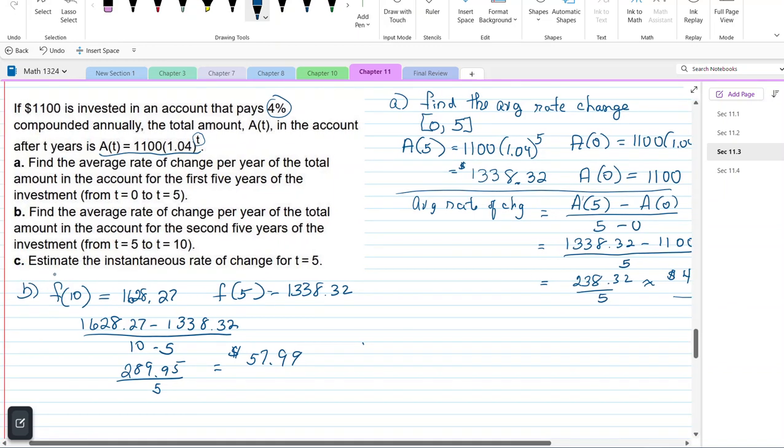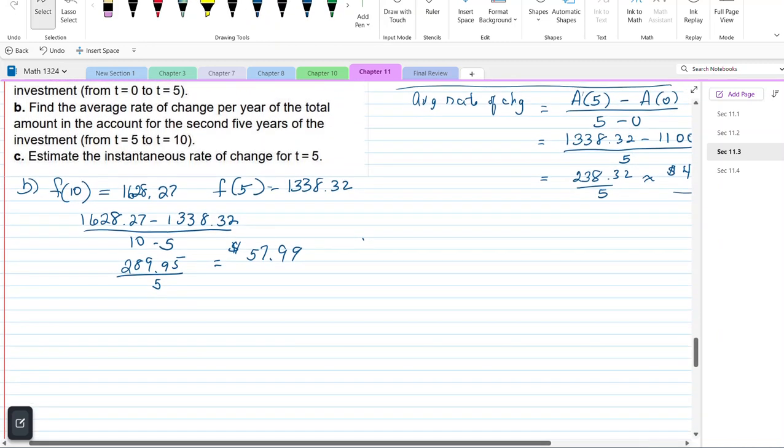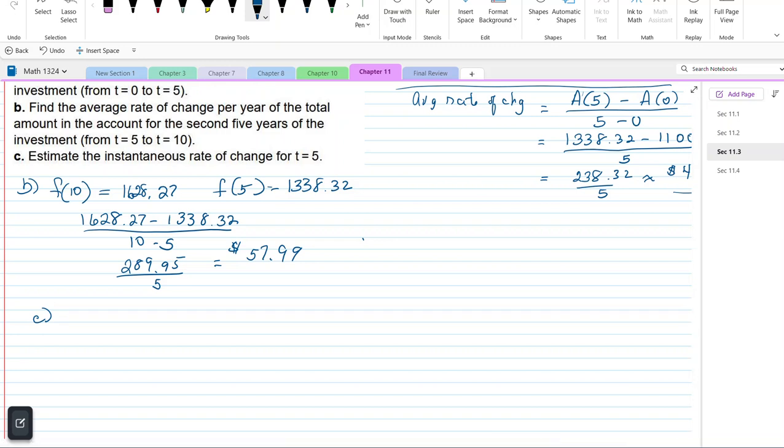Now it says C, estimate the instantaneous rate of change. Instantaneous rate of change at 5.